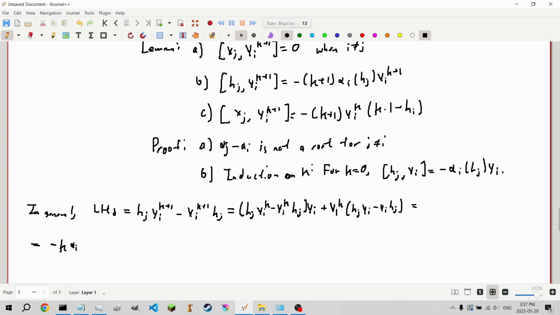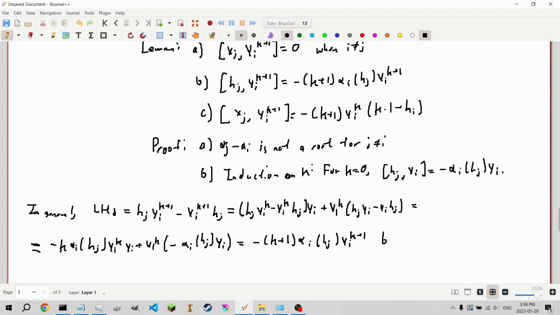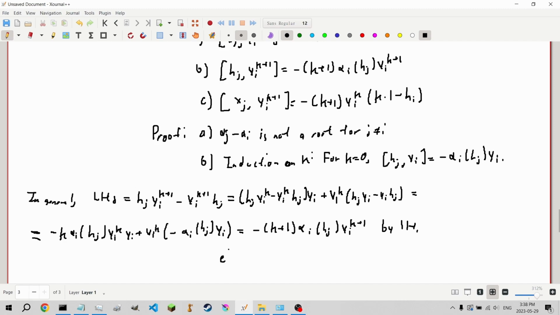Negative k alpha i of hj yi to the k times yi plus yi to the k of negative alpha i of hj times yi, which is negative k plus 1 times alpha i of hj times yi to the k plus 1 by the induction hypothesis.